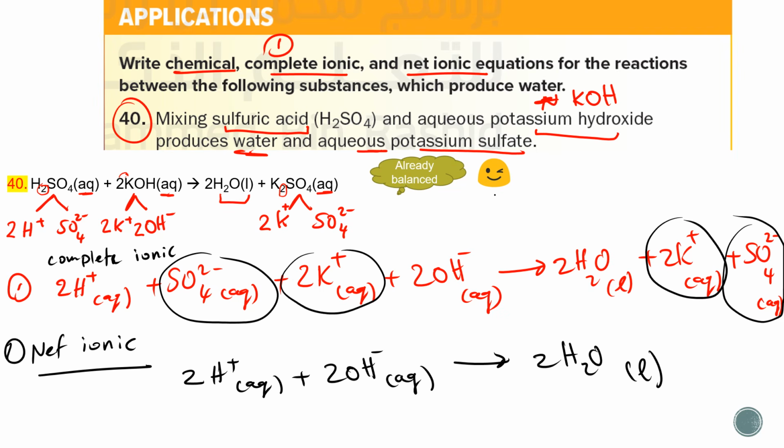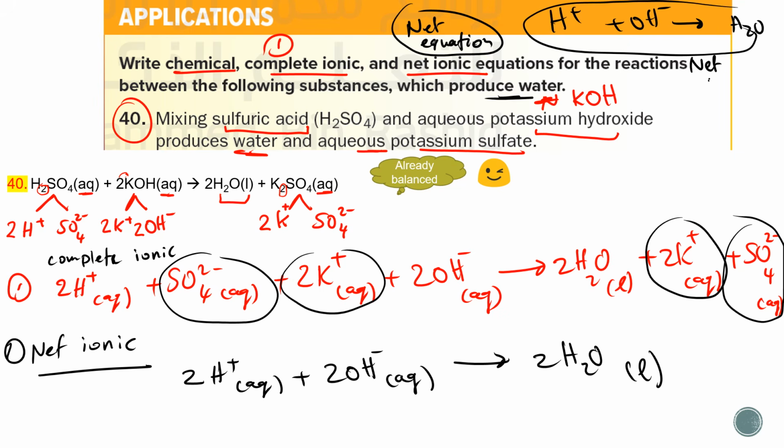Notice that whenever I have a double replacement reaction in an aqueous solution that makes water, the net ionic equation for water is always going to be the H plus and OH minus giving me H2O. This will always be the net ionic equation, of course depending on the balancing of the equation, it could be 2, 2, 2.